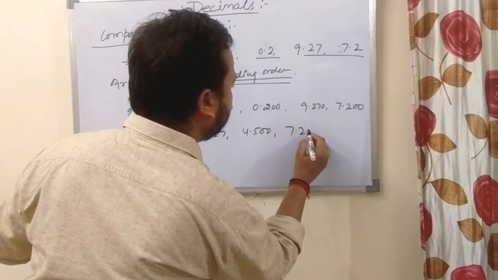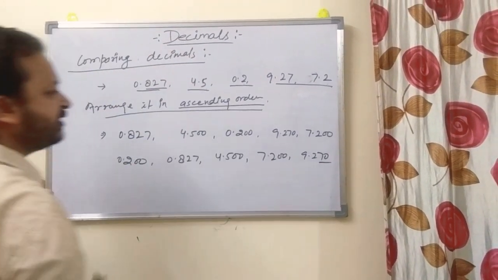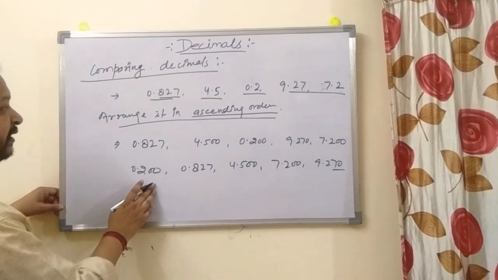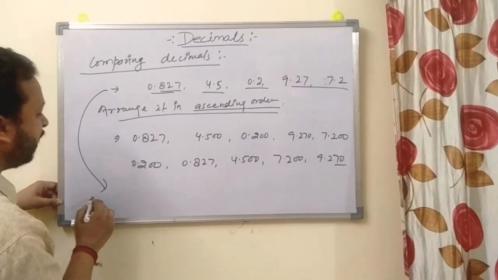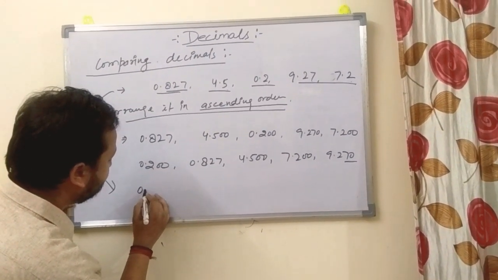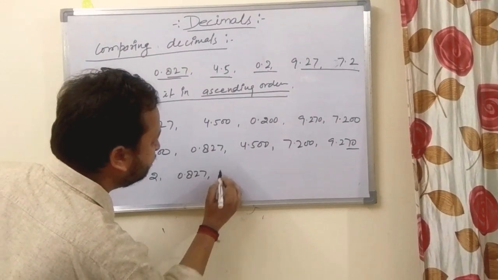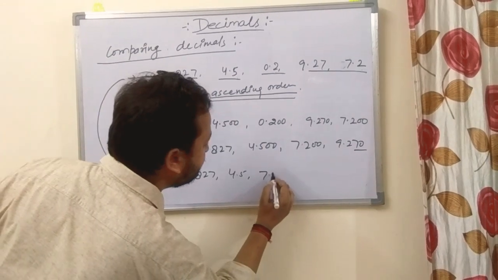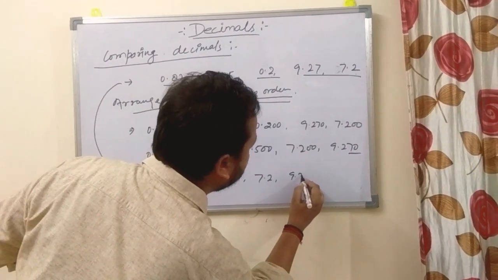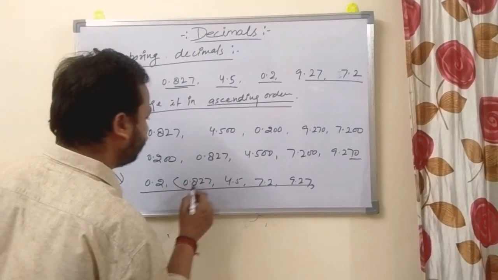And then 7.200 and then 9.270. This is the ascending order. Then write the original numbers which were asked. So this is written as 0.2, 0.827, 4.5, 7.2 and 9.27. Right? This is the ascending order.